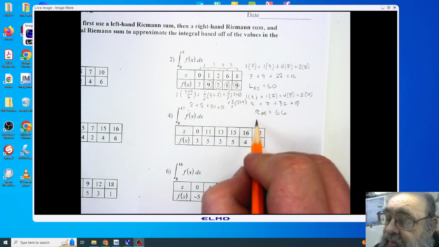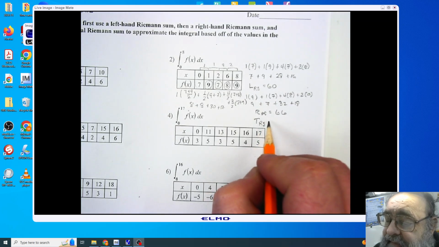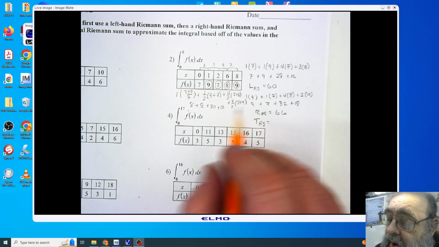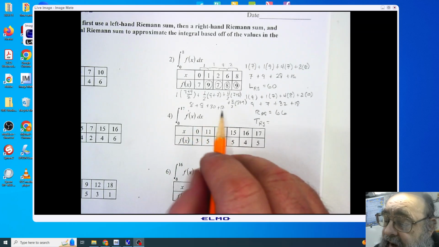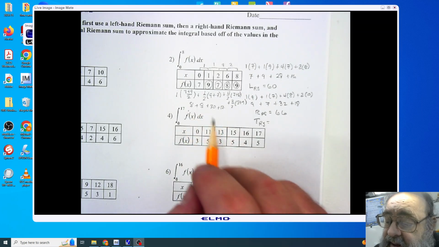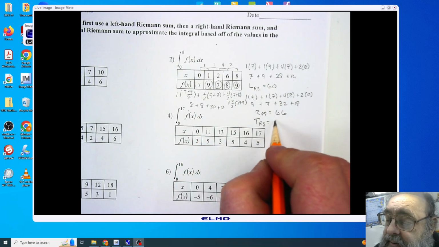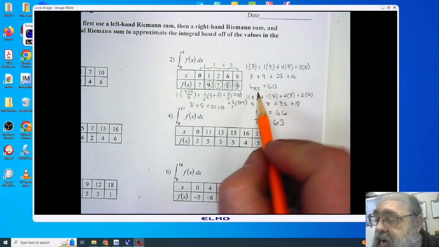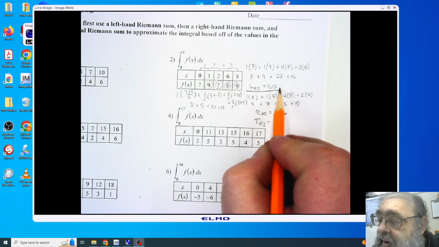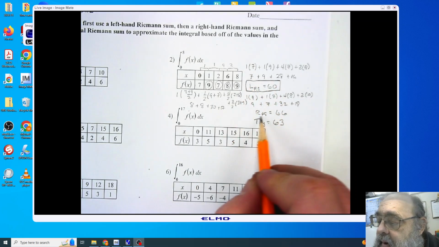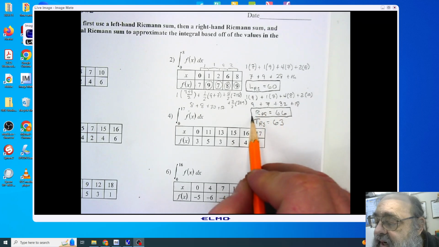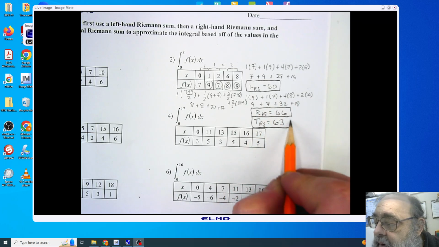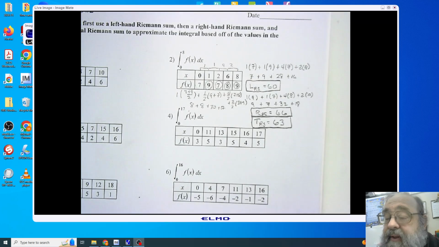That means that my trapezoidal Riemann sum can now be found, and when I add them all up together, I end up having 17 plus 16 plus 30, and that turns out to equal 63. So the three values that I'm looking for are the left Riemann sum is 60, the right Riemann sum is 66, and the trapezoidal Riemann sum is 63.